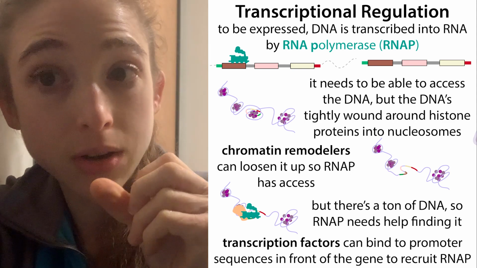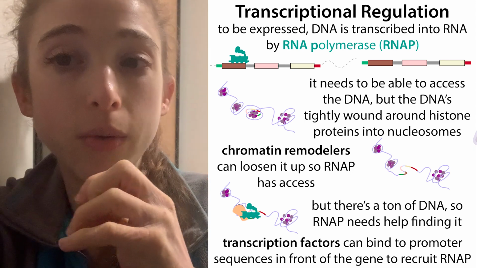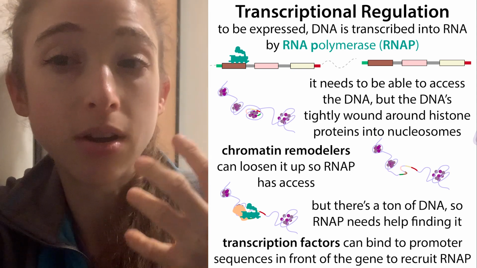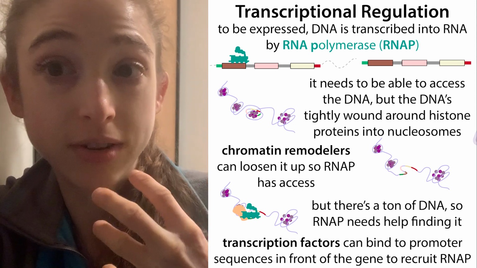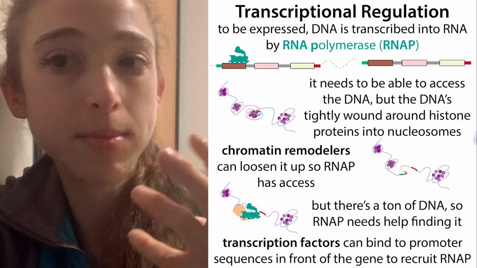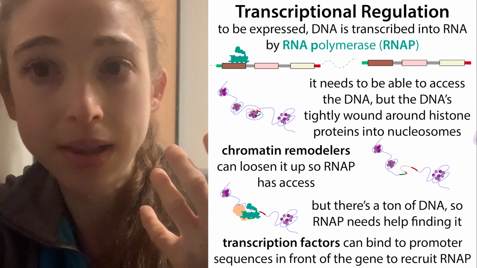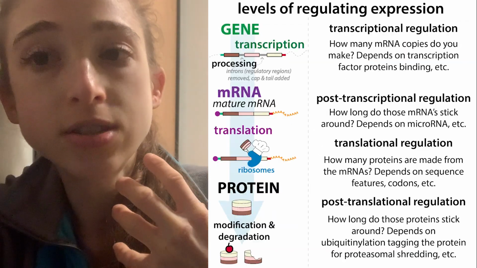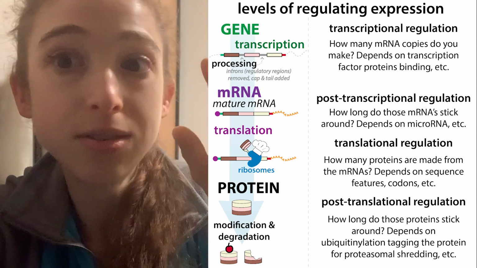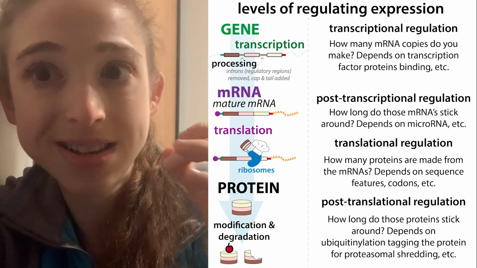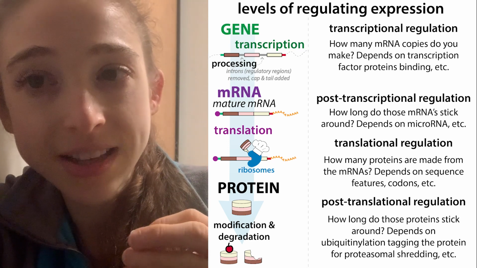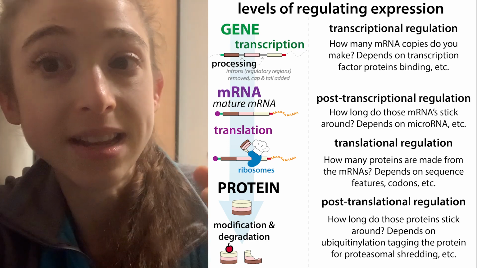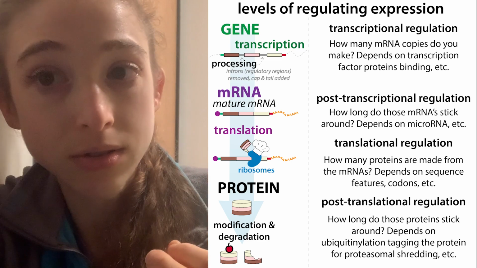And you can also have regulation based on transcription factors that repress transcription, maybe they hide the binding site for the RNA polymerase or things like this. And then you can have a combination of positive and negative regulators. So there's a lot of different regulation that can go on, so your cells can integrate multiple different signals.